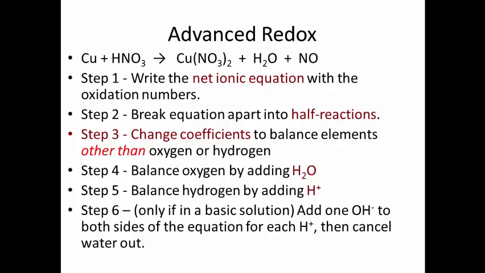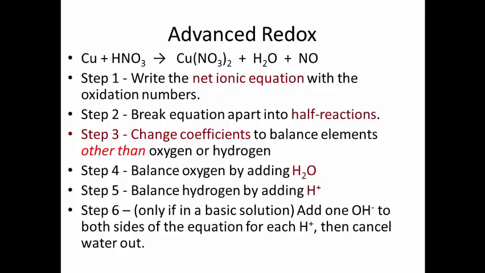On the right side, we see nitrates with the copper, the same nitrate that's in the nitric acid, so that hasn't changed. But in the nitrogen monoxide at the end, oxygen has a -2, which means the nitrogen is only a +2. So nitrogen is being reduced, going from a +5 in the nitric acid to a +2 in the nitrogen monoxide gas.